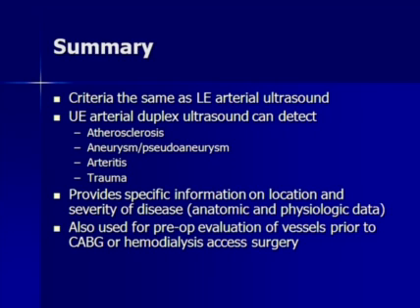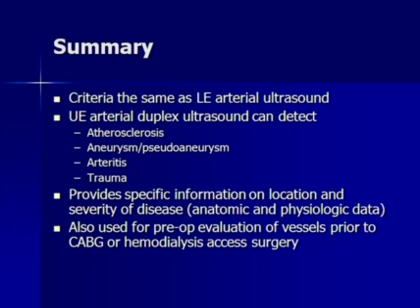So to conclude, when evaluating the upper extremity arteries, we're going to use the same criteria that we do for lower extremity arterial ultrasound. We can detect atherosclerosis and we can detect other things such as aneurysm and pseudoaneurysms. We can see patients with arteritis or perhaps problems caused as a result of trauma.